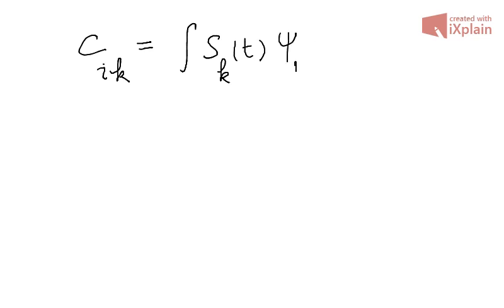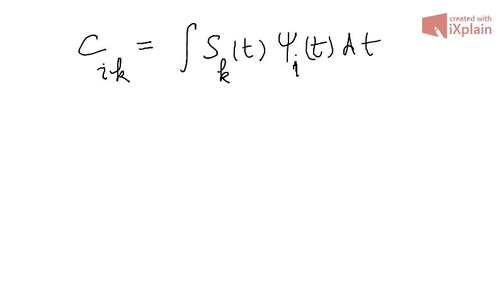First of all, we find the image of the kth signal over the ith basis, the ith orthonormal signal, which is the integral of sk of t psi i of t dt. We choose the signal sk of t from the non-orthogonal signal set, and then we find this image, right?